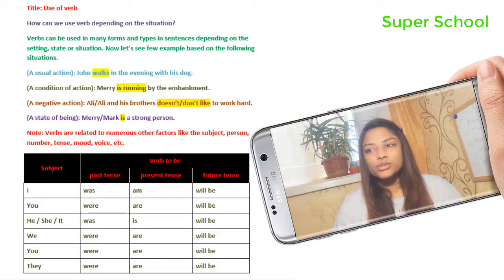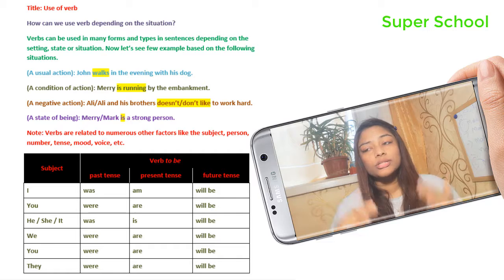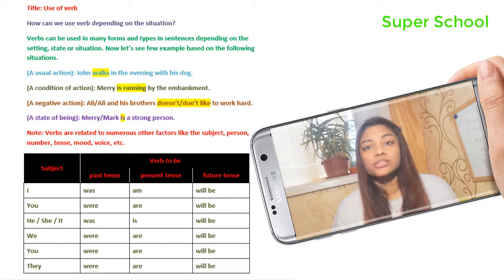Verbs can be used in many forms and types in sentences depending on the setting, state or situation. Now, let's see a few examples based on the following situations. John walks in the evening with his dog.